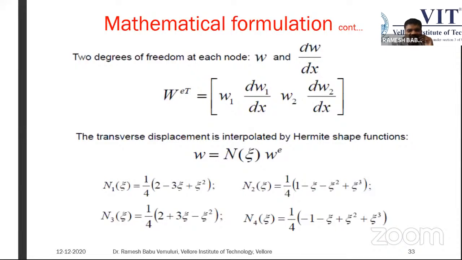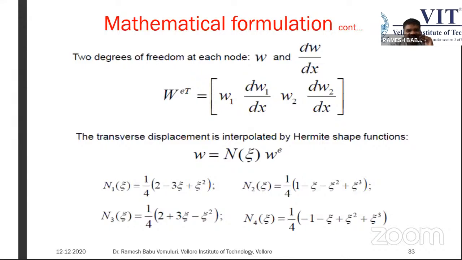This is because there is no shear. If shear were there, then we would get 1 more degree of freedom.